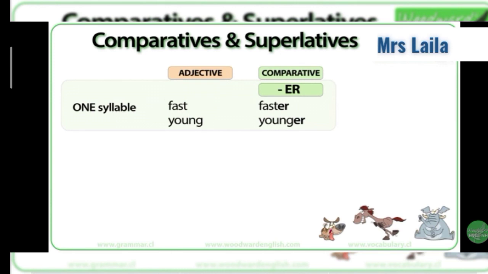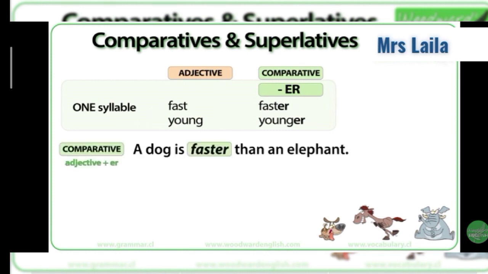Now, we need to learn how to make comparative and superlative. When the adjective has one syllable, like fast or young, we add er at the end of the adjective to make a comparative.